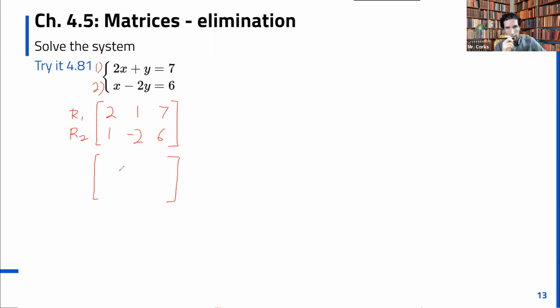That can work. I see an easier thing that we can do. Okay, R1 minus 1, right? R1 minus 1, a constant? Yep. We can't do that. That is not a valid operation.